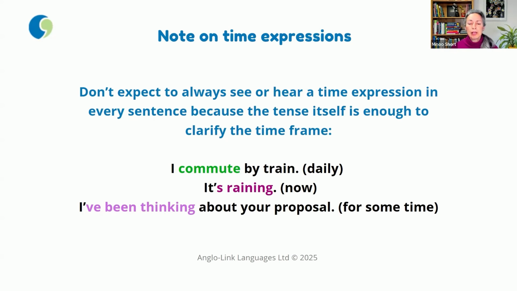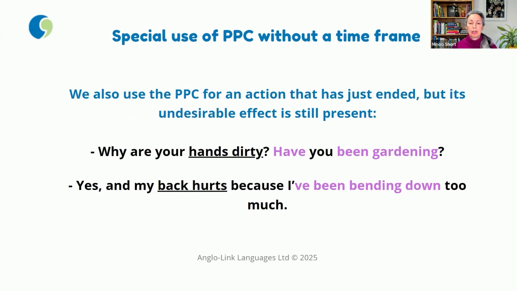So now, I would like to mention a very special use of the present perfect continuous without a time frame. We use this tense, present perfect continuous, for an action that has just ended. So the action doesn't continue, it's not in progress anymore, it has ended very, very recently, but its effect, particularly undesirable, negative effect, is still present. For example, you look at someone's hands and they're dirty, you say, why are your hands dirty?